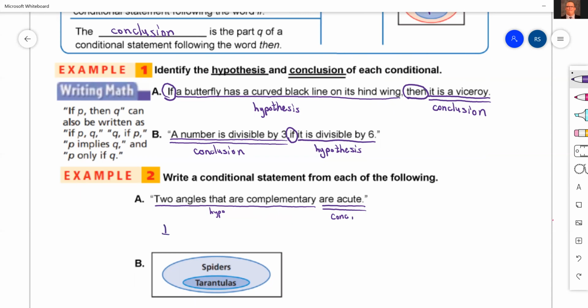So, if two angles are complementary, then they are both acute.